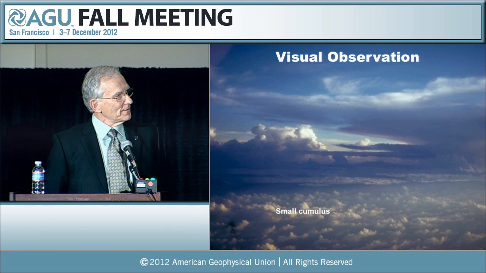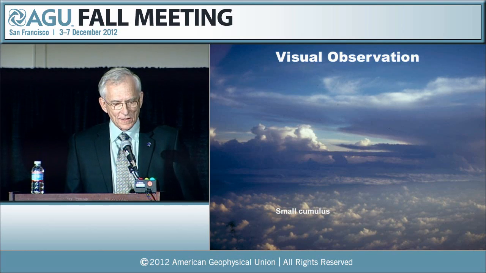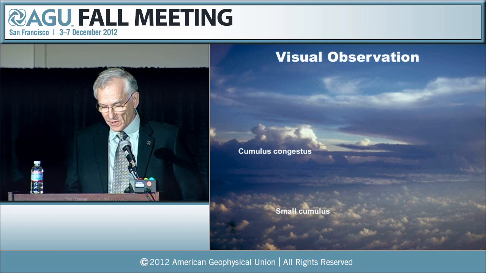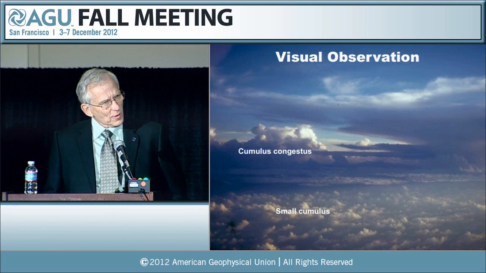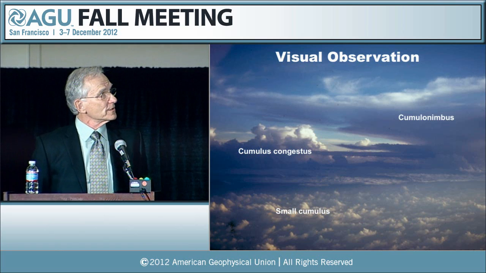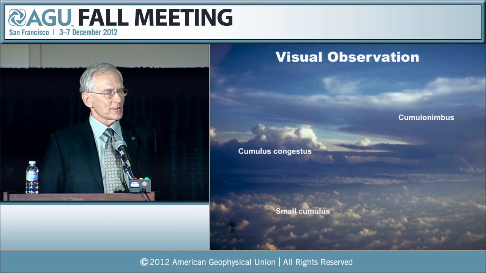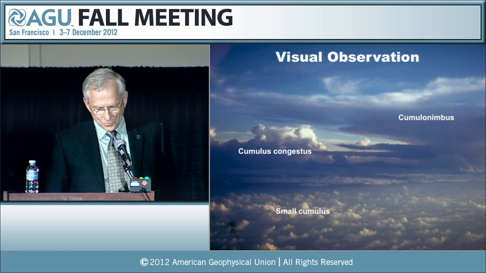We're going to be looking at convective clouds, which include the small cumulus clouds that you see there in the lower foreground, cumulus congestus clouds, which are the larger, or I should say medium size, convective clouds, and then the very large cumulonimbus, which produce these well-known anvil or thunderhead structures that extend out from the deep precipitating part of the cloud.